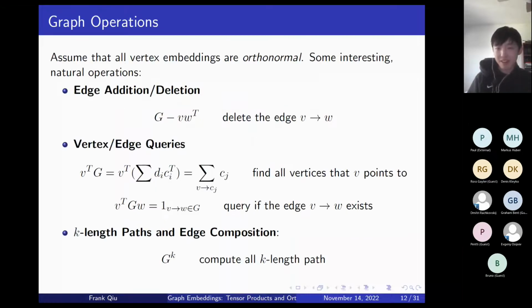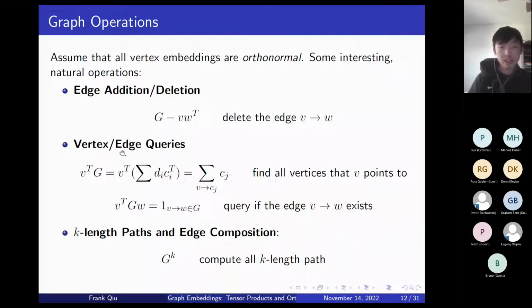Here are some of the graph operations that you can do. At this point, we assume that all of the vertex embeddings are orthonormal. I'm abusing notation, so V represents both the vertex and its vertex code. Then, using the tensor product and these orthonormal codes, here are some natural graph operations. You can do edge deletion or addition by adding or subtracting the appropriate edge embedding.